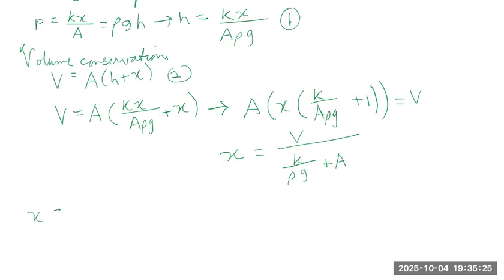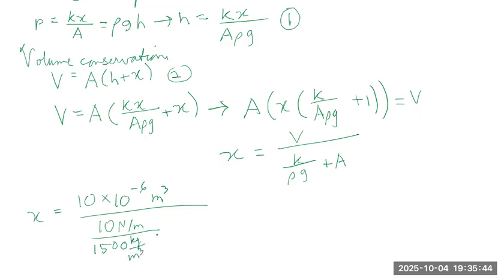So x is equal to 10 times 10 to the negative 6 meters cubed over k, which is 10 Newton per meter, over rho, which is 1500 kilograms per meter cubed, times gravity, which is 9.81 meters per second squared, plus the area, which is 1 centimeter squared, or 1 times 10 to the negative 4 meters squared.